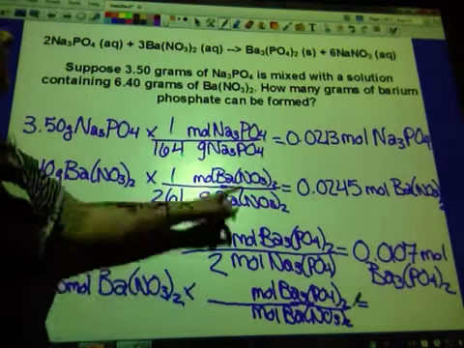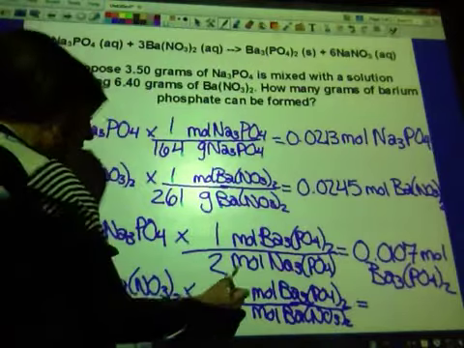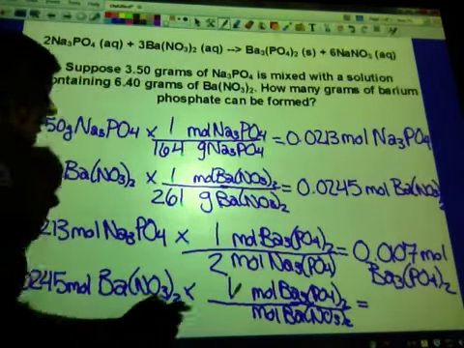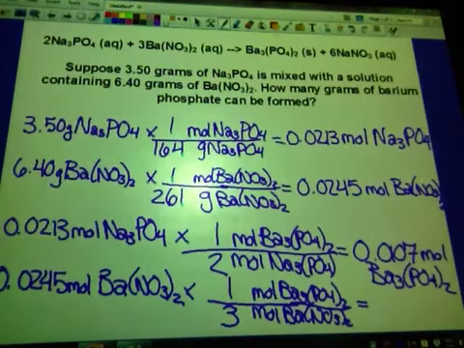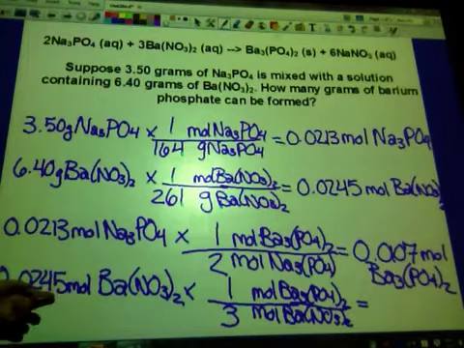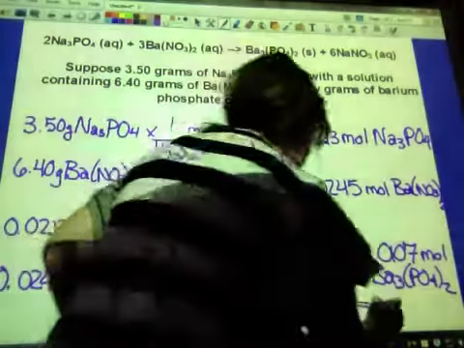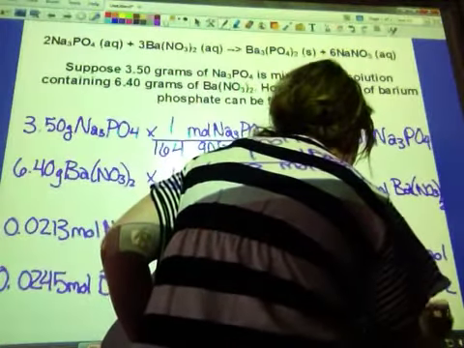Barium phosphate, again, only 1 mole, so 1 will go on top. Barium nitrate has 3 moles, so 3 is going to go down below. So that's a 1 to 3 ratio. So now this is going to be 0.0245 divided by 3, and that's going to give you 0.00817.